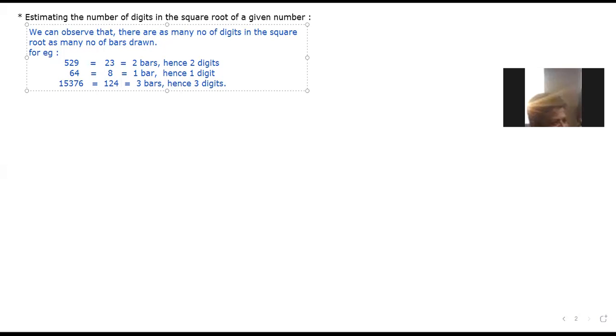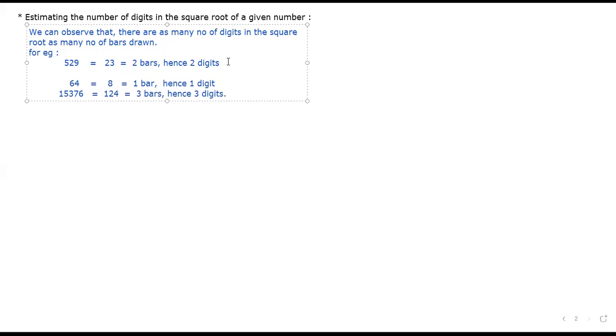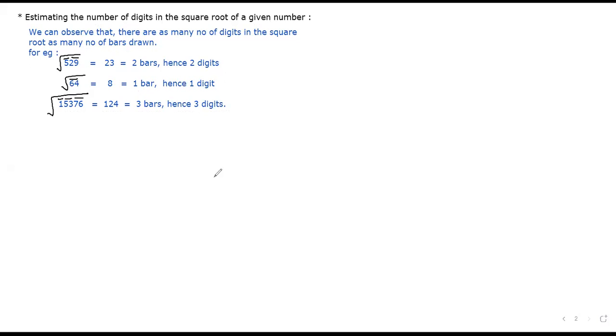Yes or no? Just show it. Show the 2 bars. Show the single bar. And show the 3 bars. Correct? Yes, sir.